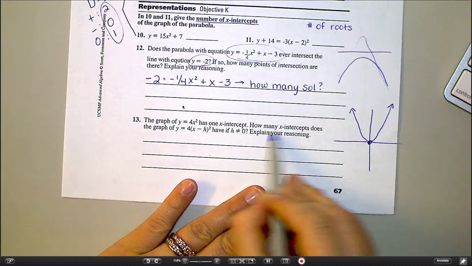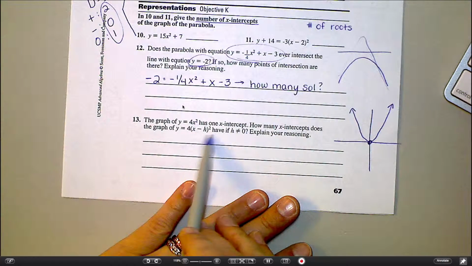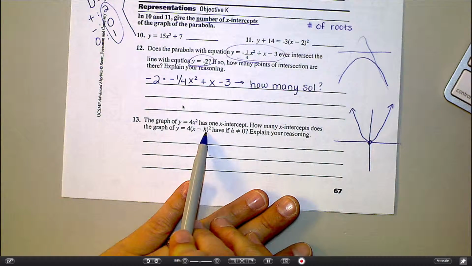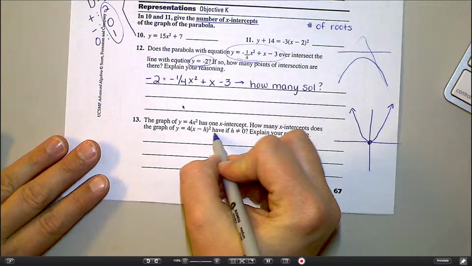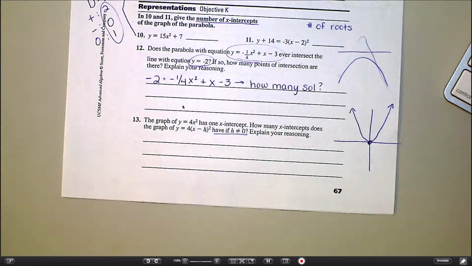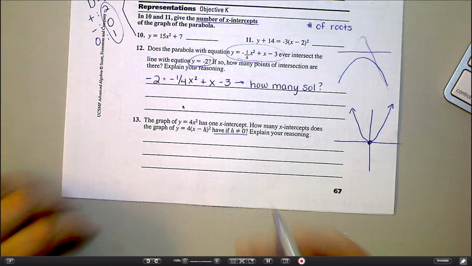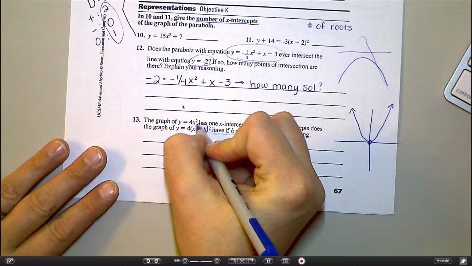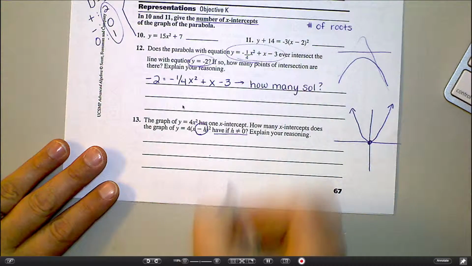I want to know, how many x-intercepts does this graph have? So all of this is just saying, if I put a number in there for h, if I put a -3 or a +2 or whatever, if I put something in for h, how many x-intercepts is it going to have? And what I want you to think about for that one is, what does this number do to a graph? Okay?